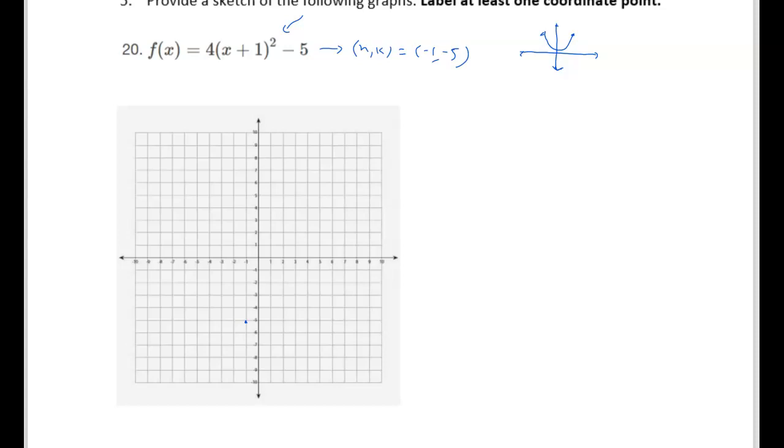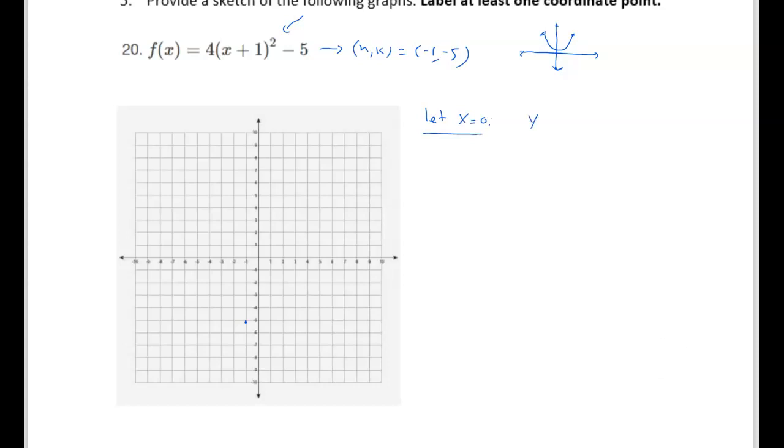For the second point, you can just plug in any point. Do keep in mind that they're not at the origin, so you don't want to plug in a point that is large because it's going to actually get out of the scale. So what I'm going to pick is just 0. So in this case, let x equal 0.